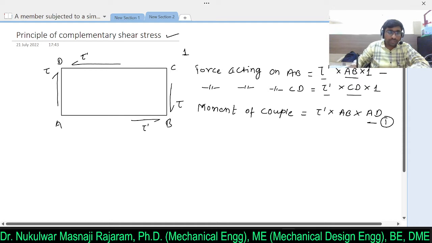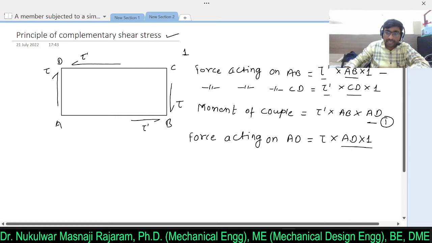Similarly, if you observe the force acting on AD, how do we evaluate that? The force acting on plane AD due to shear stress tau will be equal to tau into AD into 1.